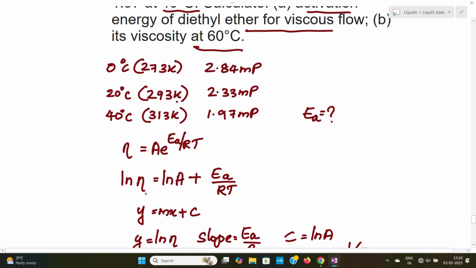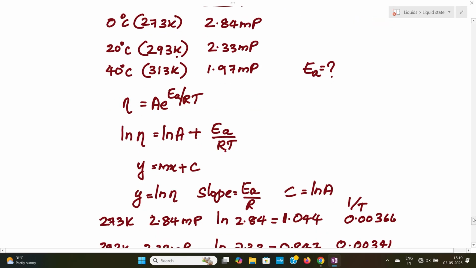When we take the logarithm of this equation, ln eta is equal to ln A plus EA by RT. This equation is in the form of y is equal to mx plus c, where m is the slope. So when we draw the graph, ln eta versus 1 by T, EA by R is the slope, and c is the intercept, ln A is the intercept.